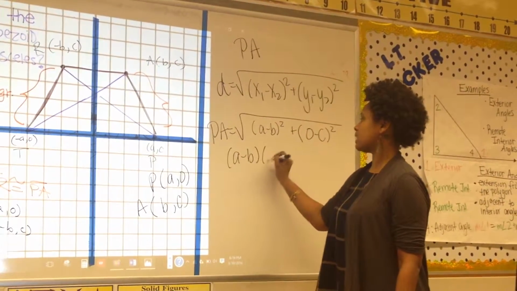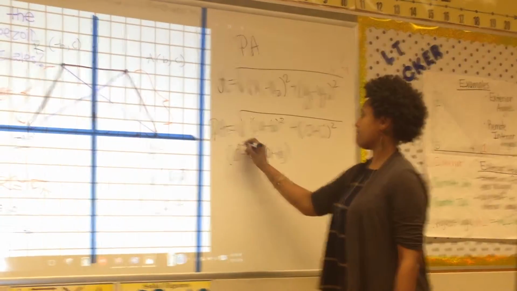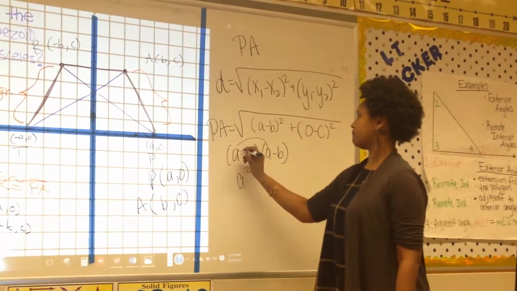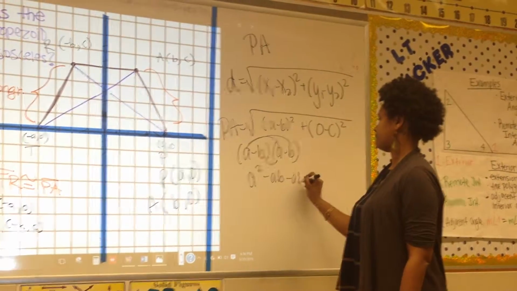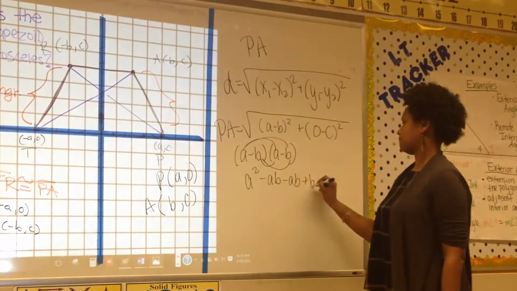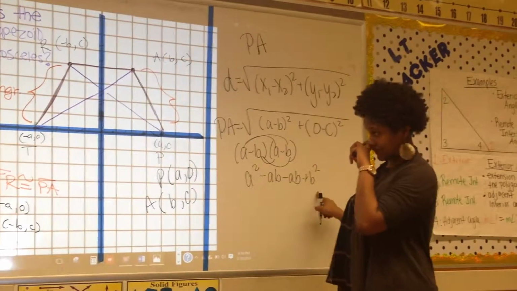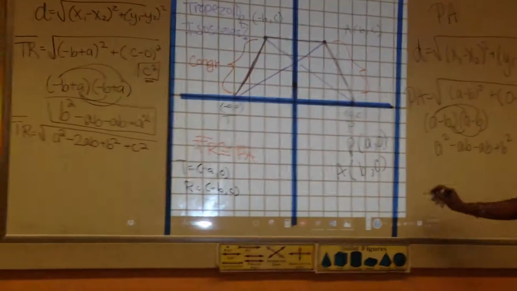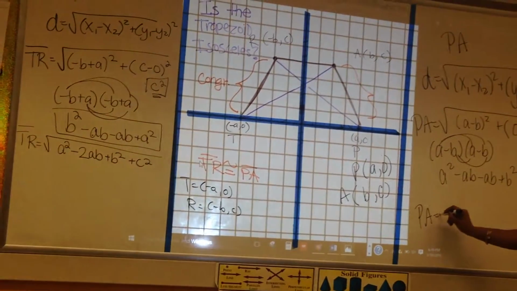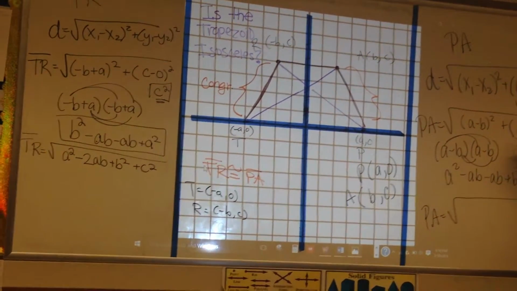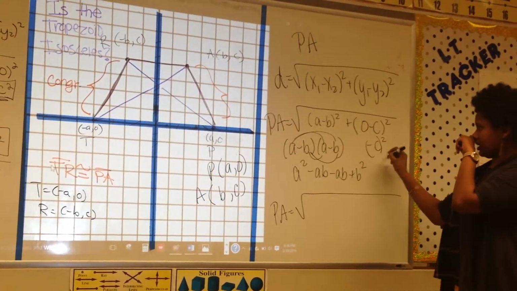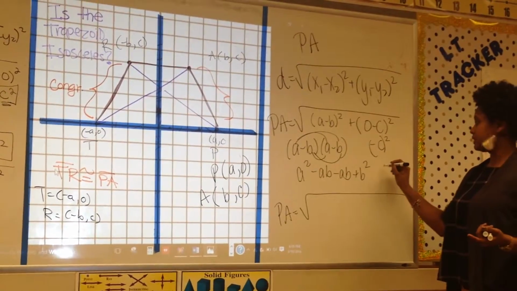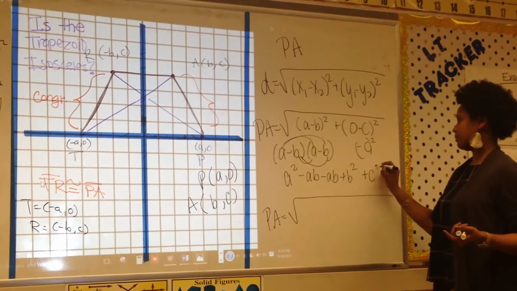A minus B times A minus B. And notice I get the same thing as I had over here. So I'm going to go ahead and simplify even more. Once again, 0 minus C is just negative C, and negative C squared is C squared.